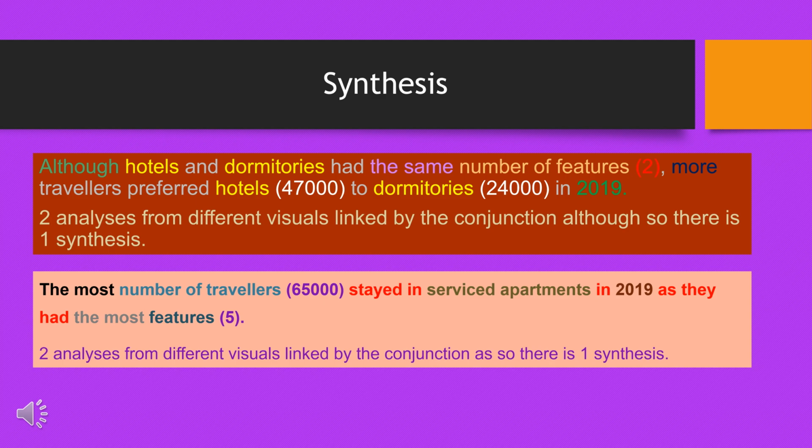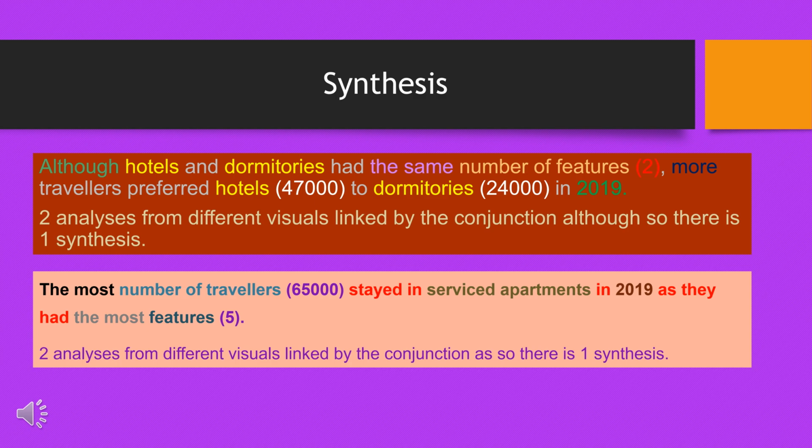In the first part, although is the linker, and hotels and dormitories have two key features. Had the same number of features: same is the trend, number of features is the source of reference, 2 is the data. So that is one analysis here.